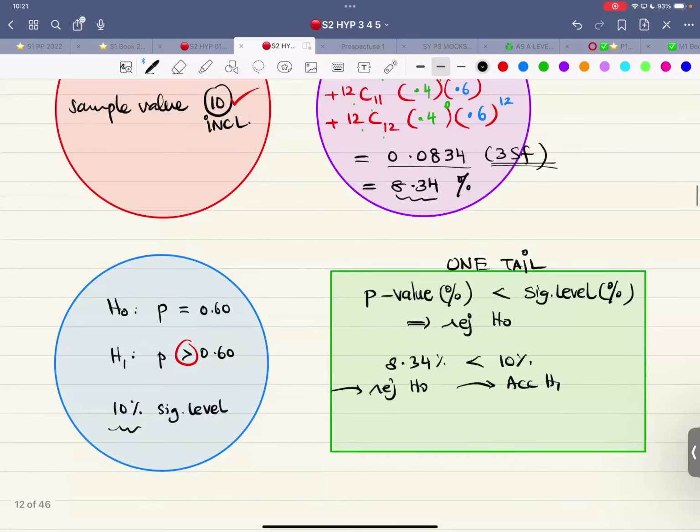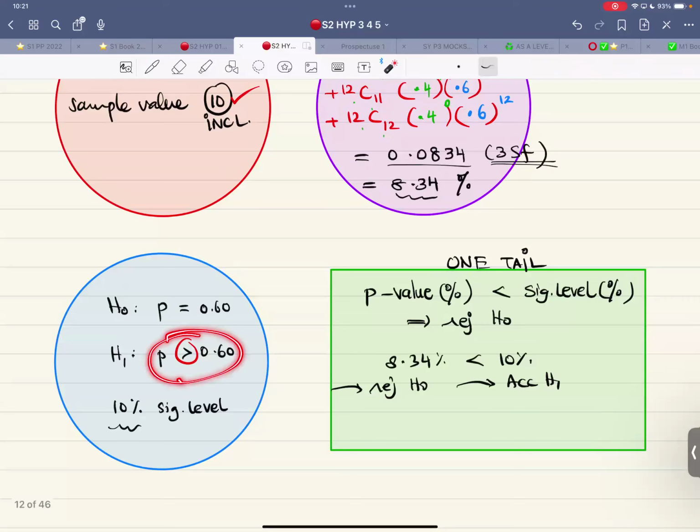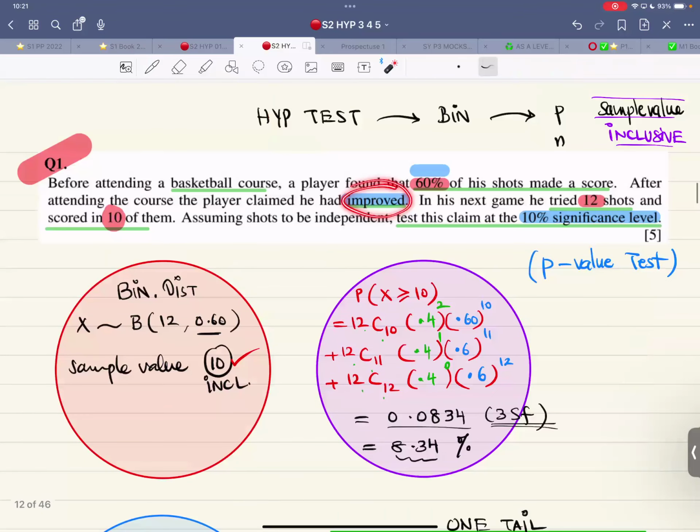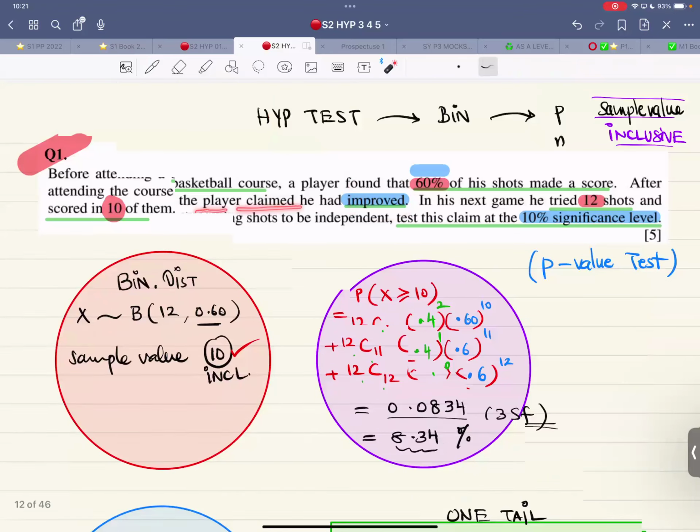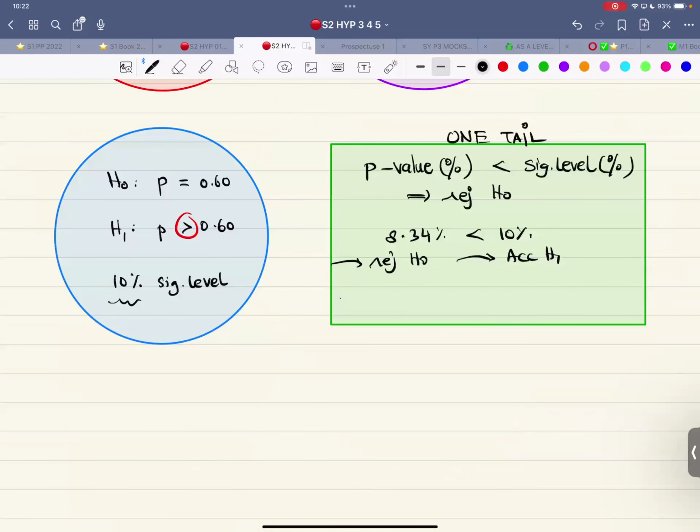What is H1? H1 is right over here. This was based upon improved. This was based upon the claim of the player. So we will say there is sufficient evidence, and do mention the significance level also.